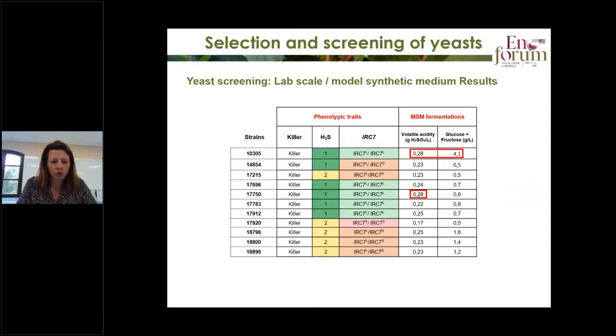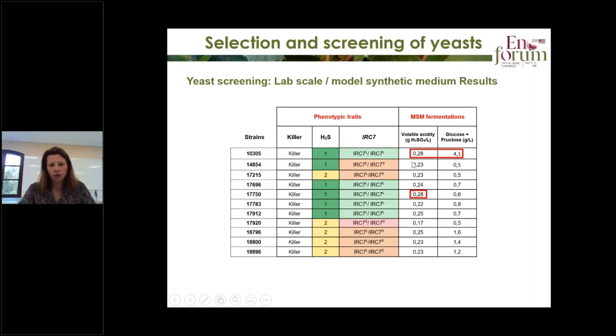This slide shows the results of phenotypic traits, killer activity, hydrogen sulfide production, and ERC7 gene, and the result of fermentation on synthetic media of 11 pre-selected strains for their killer activity, low production of hydrogen sulfide, fermentation efficiency, low volatile acidity, and consumption of sugar.